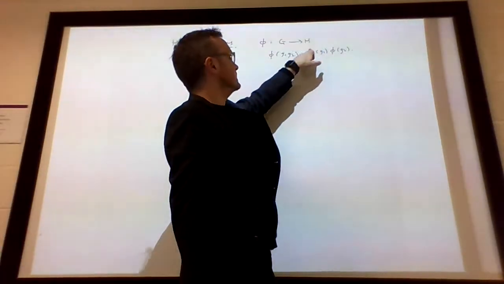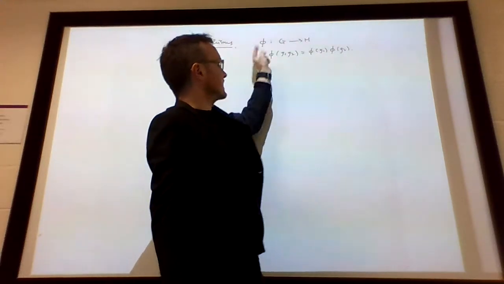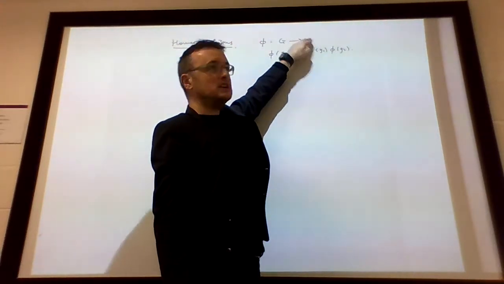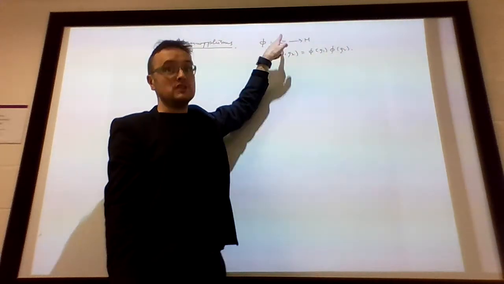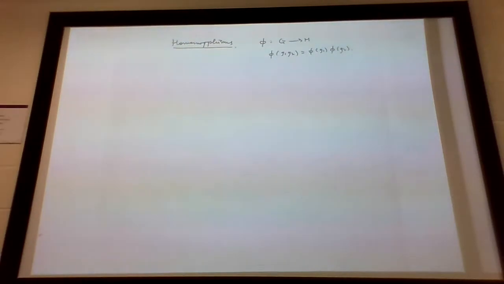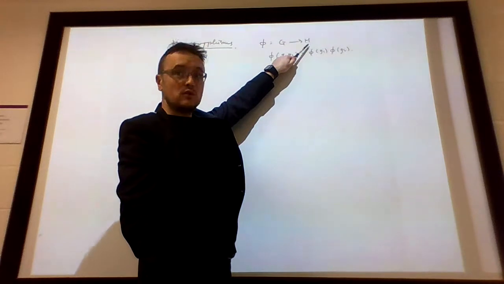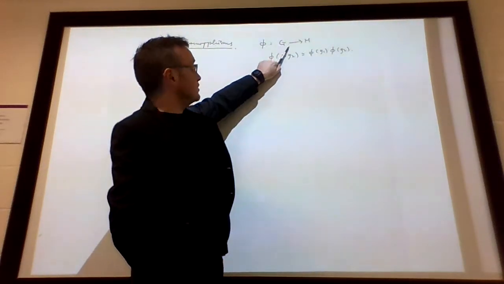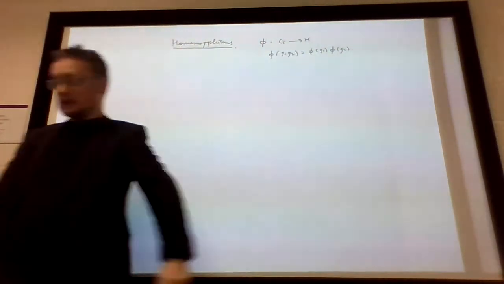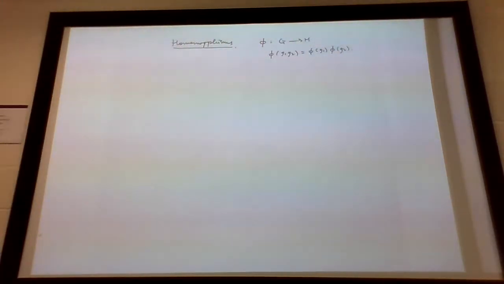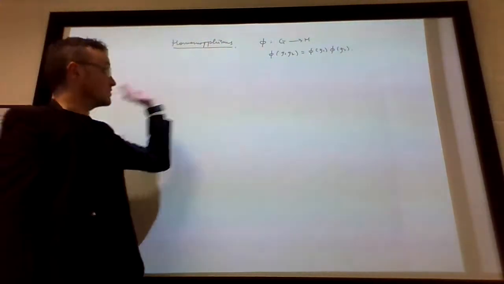So if you've got a subgroup of H, if you pull it back, so you look at everything in G that gets sent into that particular subgroup of H, this is by definition a subset of G, and it will be a subgroup of G. And moreover, if the subgroup we looked at of H was normal in H, then it gets pulled back to a normal subgroup of G. So there's quite a lot of interaction and good interaction between a homomorphism and what it does to subgroups, both forwards and back.